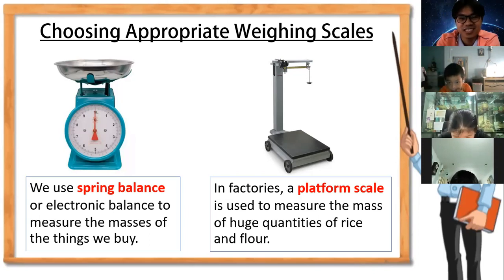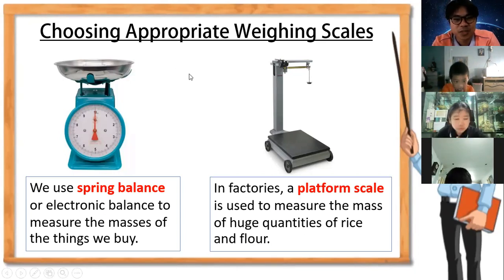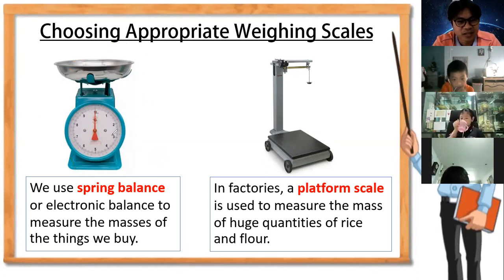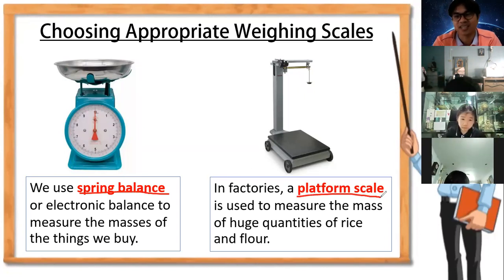You cannot use the spring balance if you want to measure one sack of rice, because the spring balance is only up to 10 kilograms in this example. For more than 10 kilograms, you cannot use this weighing scale. So the appropriate weighing scale is the platform scale. And many more.